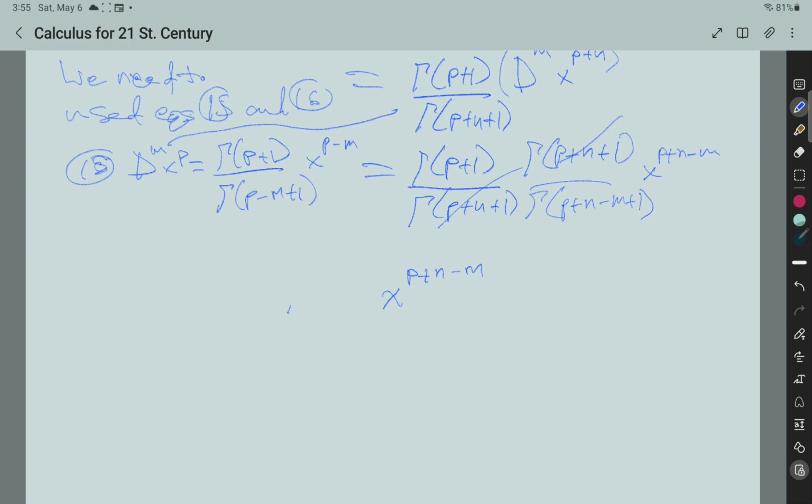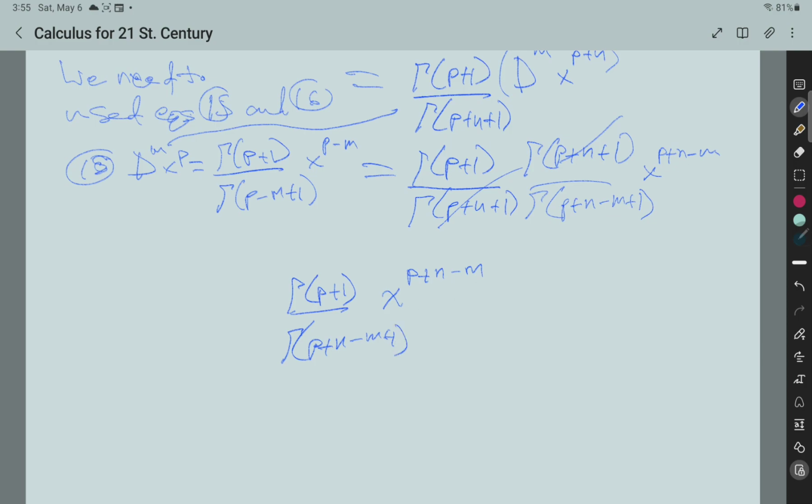We are left with gamma of p plus 1 divided by gamma of p plus n minus m plus 1.